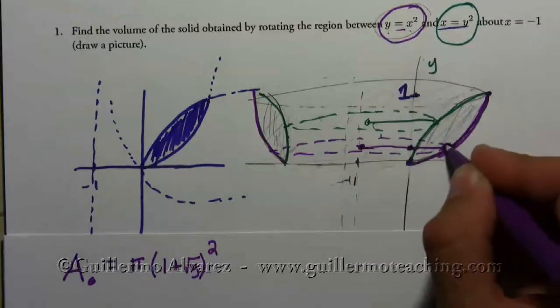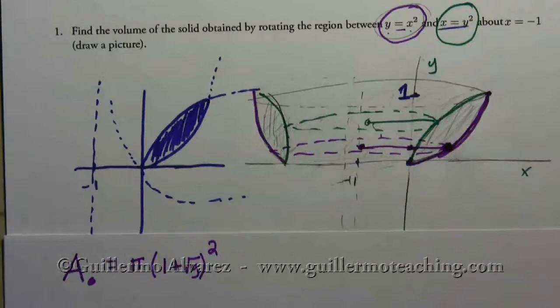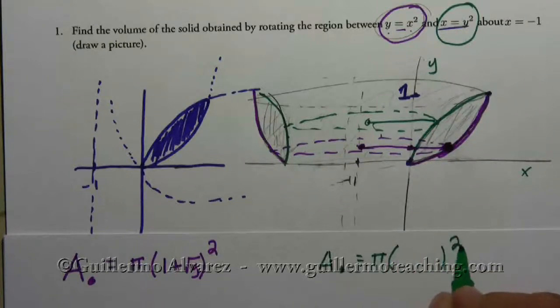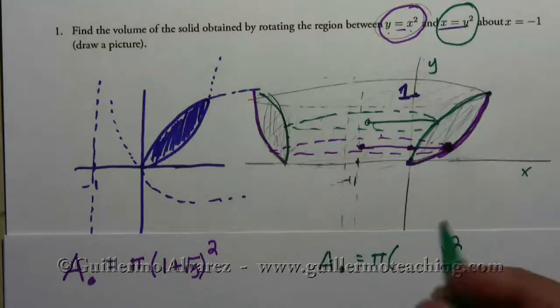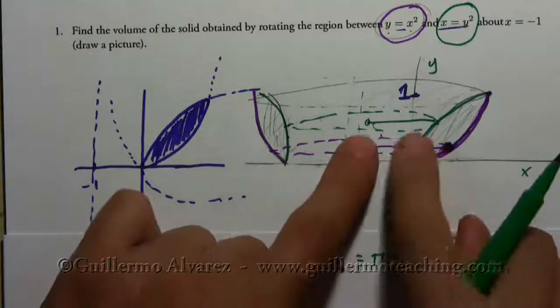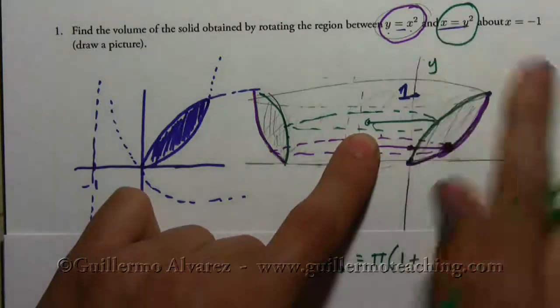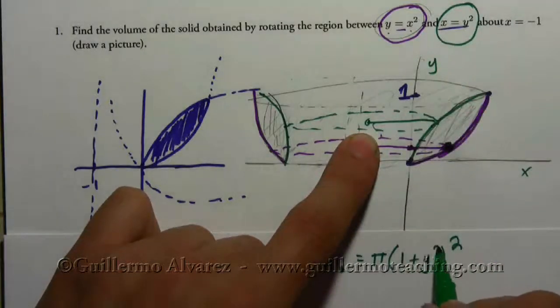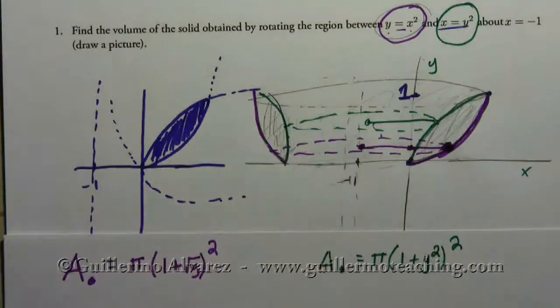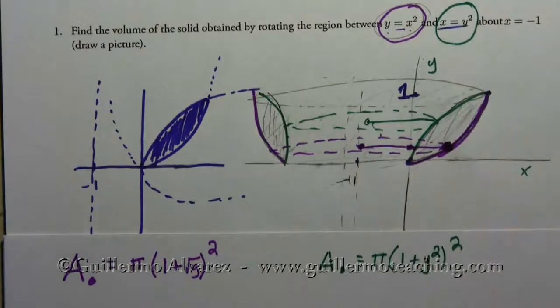And for the green one, the area is pi times the radius squared again, but this time the radius is 1 plus y squared, because now I have it in terms of y already.